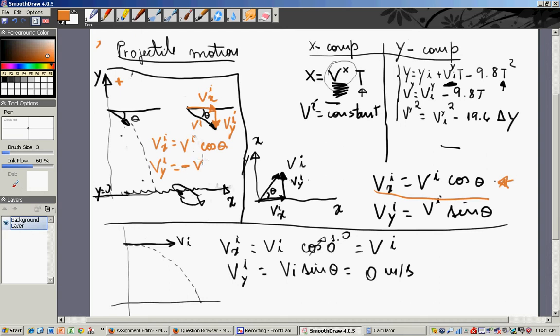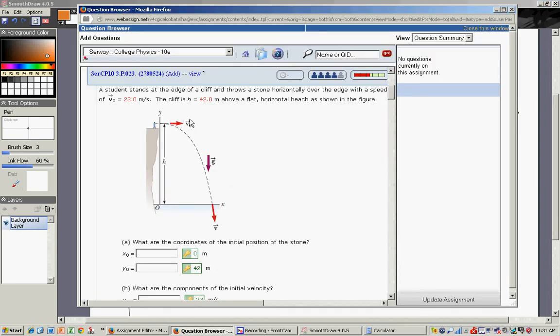Here's the difference. Look at my Vy initial vector, it is pointing down. Pointing down means the direction of this vector opposes the direction I'm calling positive, meaning it's going to bear a negative sign, minus my initial velocity sine of theta. See the difference? I had a positive number here, and now I have a negative number in there.